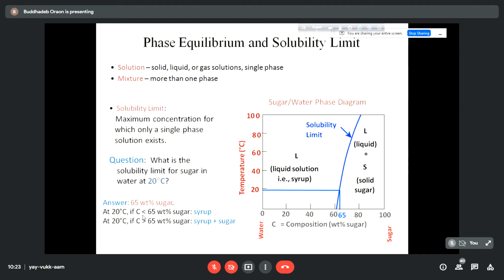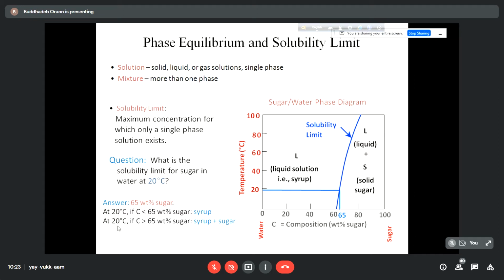So at 20 degrees centigrade, if the concentration is less than 65%, it is called the liquid solution. It will be in liquid form. This is the mixture of sugar and water, which is called the syrup.